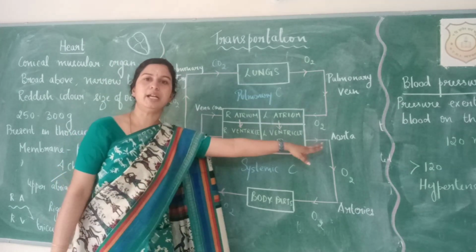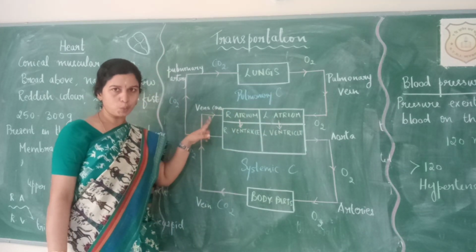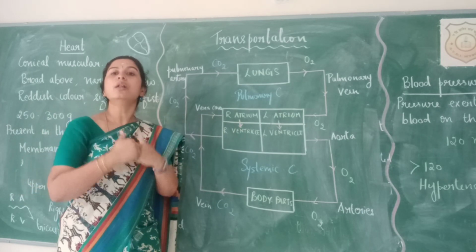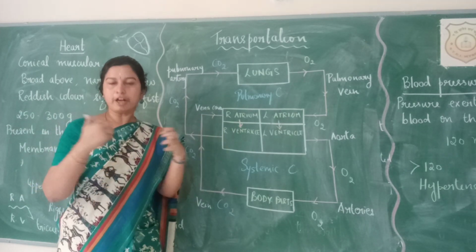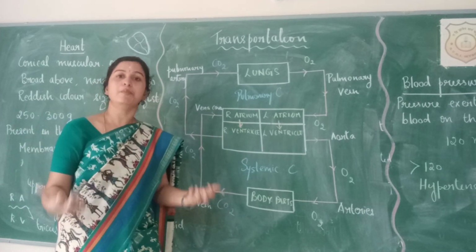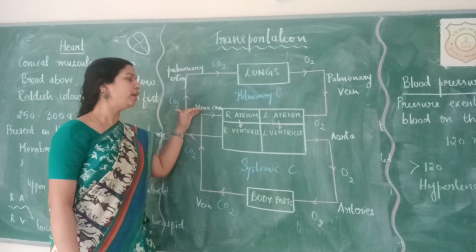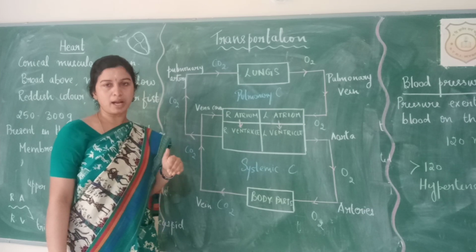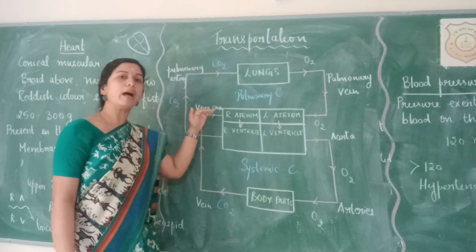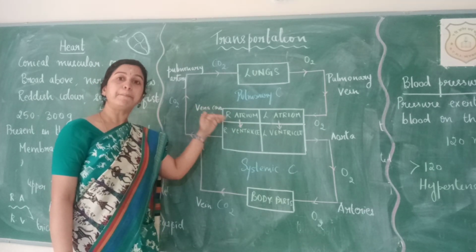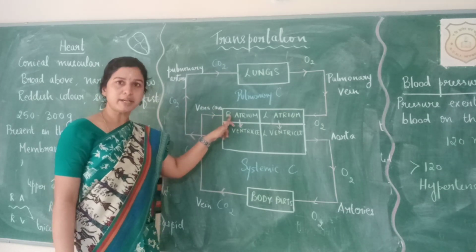Just like we have a giant artery, there is also a giant vein which collects all the deoxygenated blood from different veins bringing it from different body parts. This deoxygenated blood through the vena cava again enters the heart, and as I told you, it enters the upper part. Which part? The upper right part, which is the right atrium.